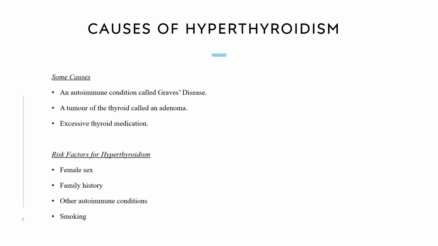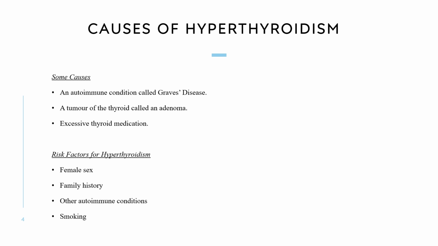There's an autoimmune condition called Graves' disease, and this can cause too much of the thyroid hormones to be circulating in your body. Another thing that can happen is there can be a tumor of the thyroid gland. And when this tumor, this lesion of the thyroid exists, it's called an adenoma, that can produce excess thyroid hormone. So there's effectively like this nodule, this tumor, and it's producing excess hormones.